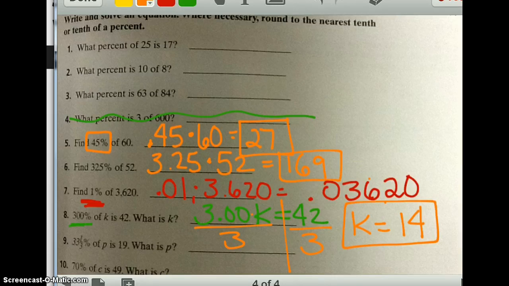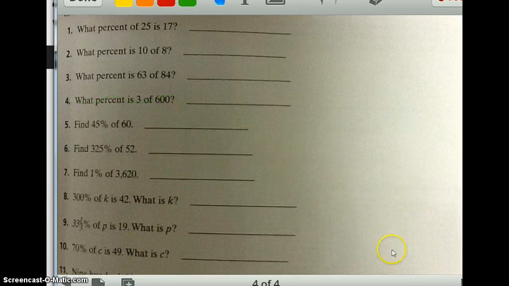Let's see. We've got 2 more. All right, so next one, 33.33% of P is 19. What is P? So let's think about this for a second. 33.33% of P is 19.